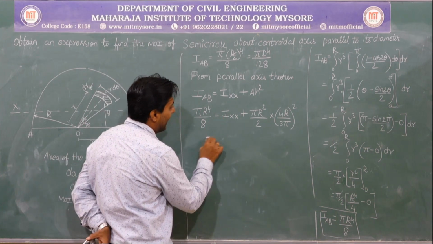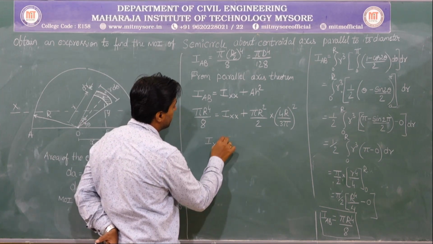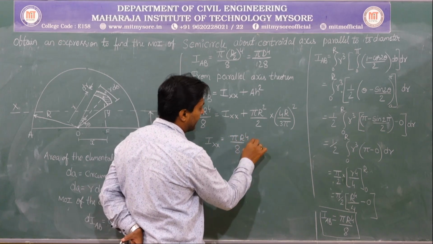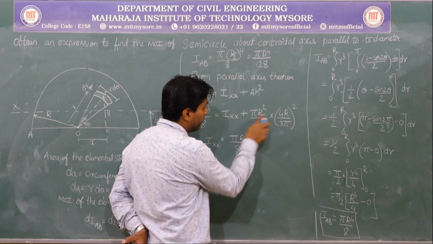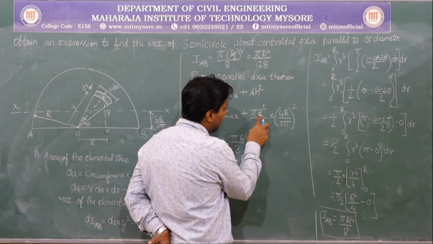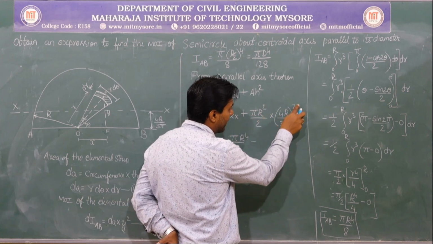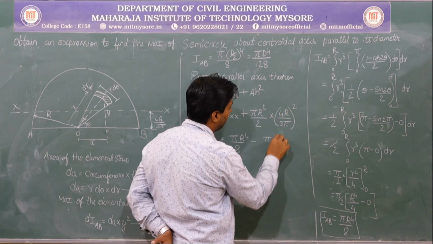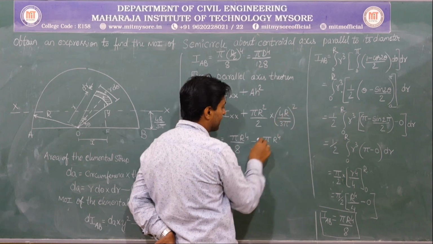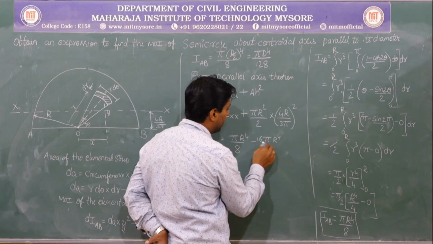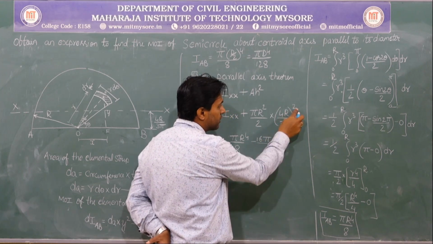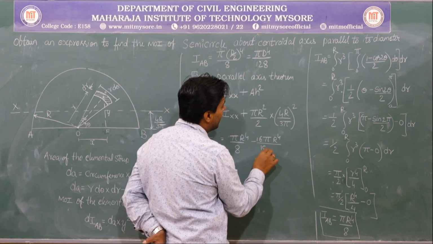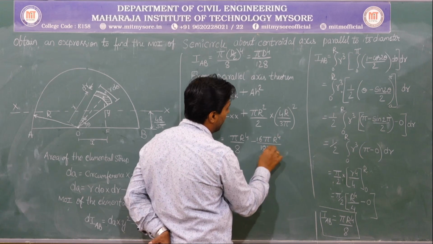So next, IXX is equal to pi r4 by 8 minus, so just check what this will become. So it is pi r square, here one more r square, this will become r to the power of 4, pi r4, we have 4 square, this will become 16, divided by 3 square, this will become 9, 9 into 2, 18 into pi square.